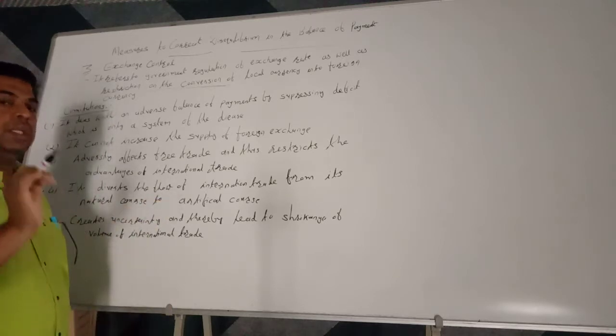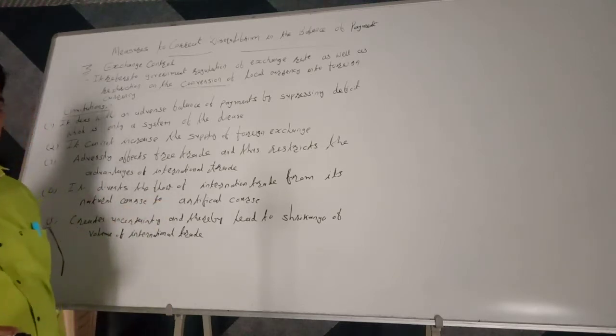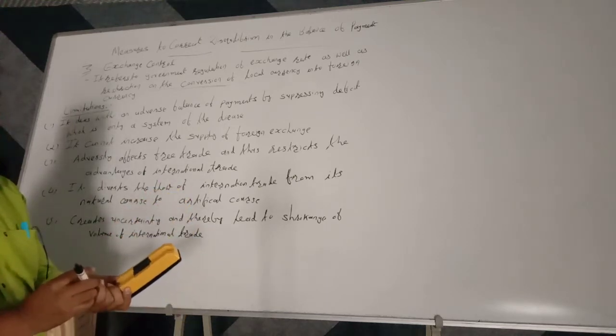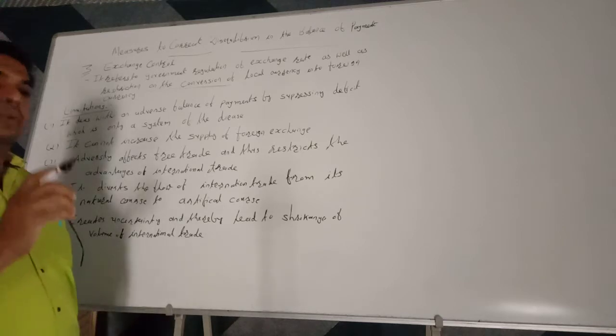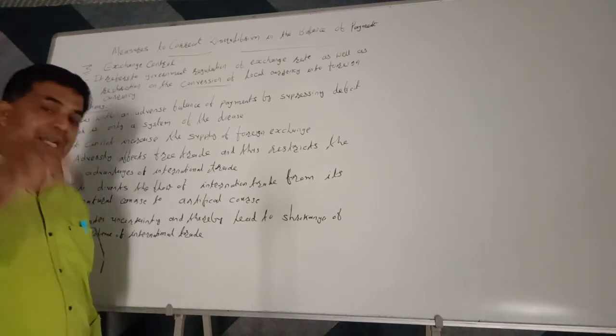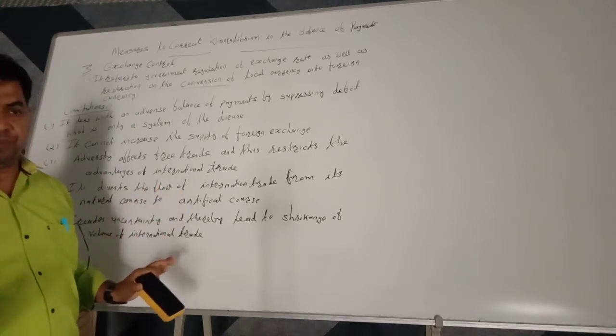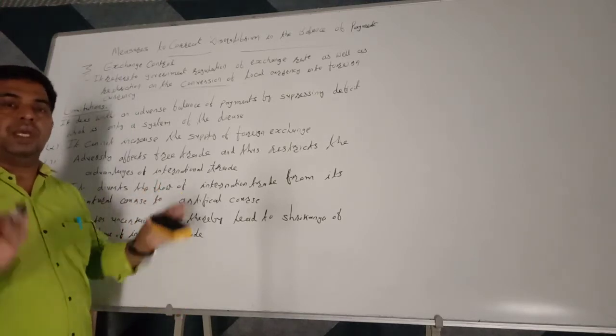You try to understand. In the exchange control measure, all the exporters of the country have to surrender their export earnings to the central bank of the country at a predetermined rate. Suppose इंडिया में सेंट्रल बैंक कौन सा है? रिजर्व बैंक.